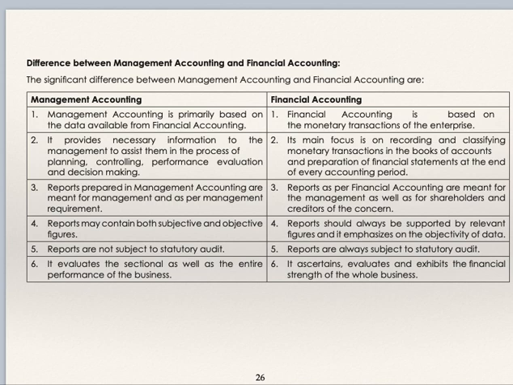You can add one more distinction: management accounting reports are prepared whenever need arises as per management's requirement, whereas financial statements are prepared at the year end. For financial statements an accounting period of 12 months is used, whereas the management accounting report period depends upon the requirement of managers.